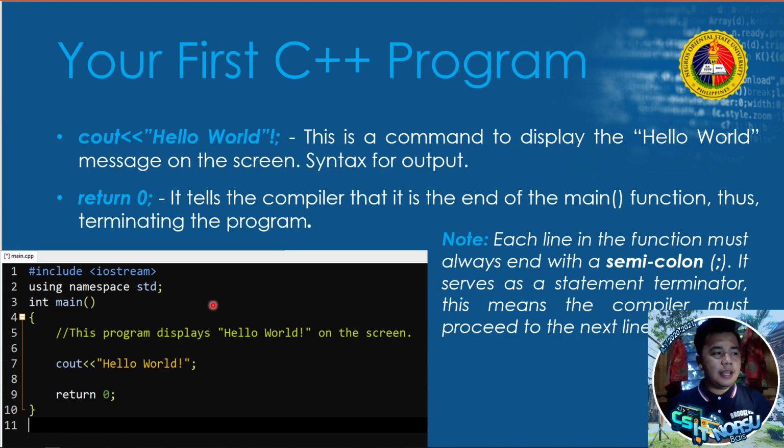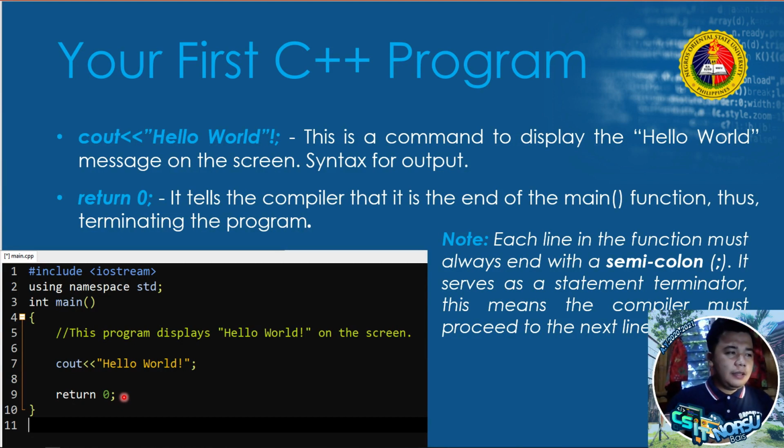So for example, in the output command hello world, you can see there is a semicolon. That means there are no other codes or commands after this. That means the computer will tell the compiler to proceed to the next command, which is return 0. That means it's the end.